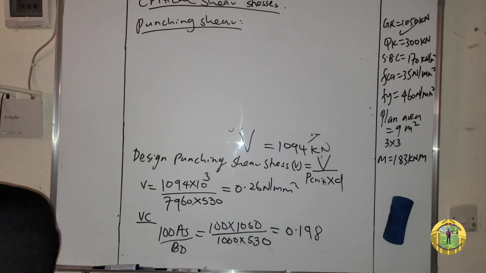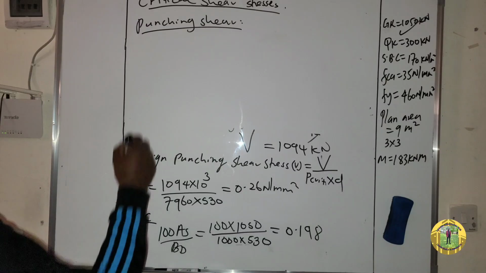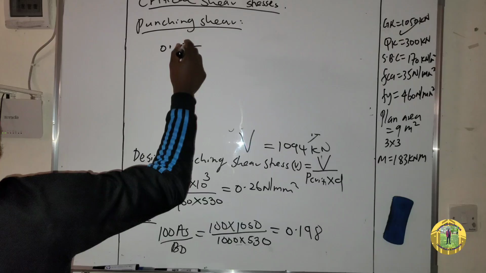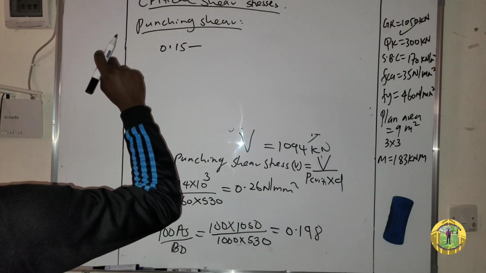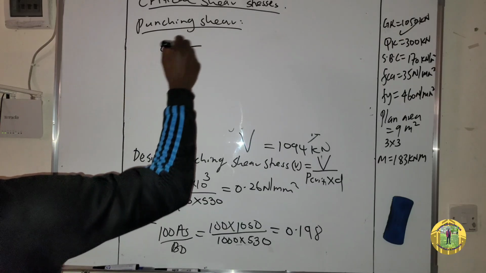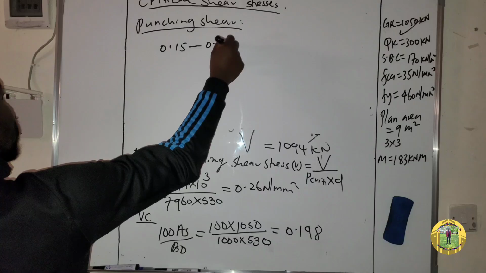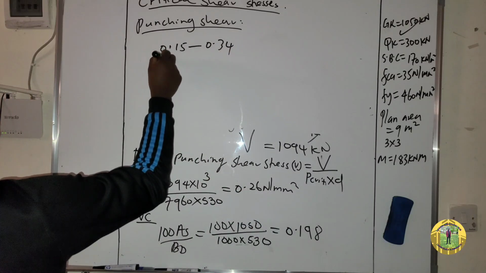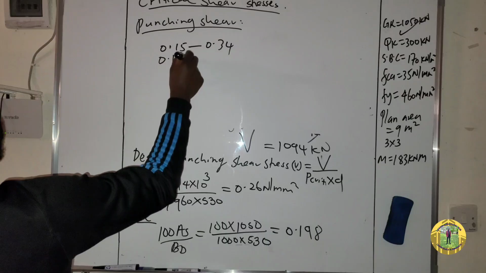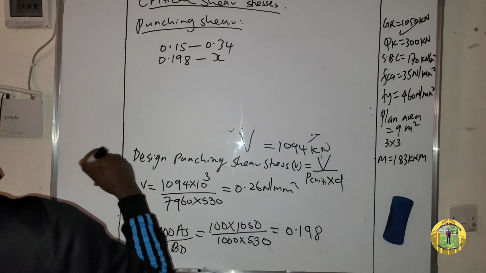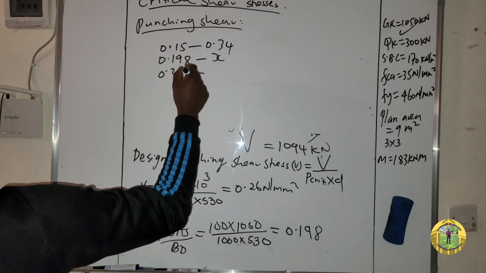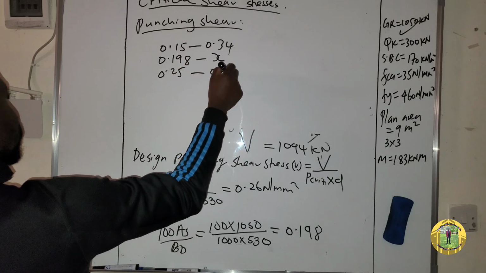So this is from the table, as you have seen. So we have 0.15. The value corresponding to 0.15 is 0.34, and then we come to the value 0.198. So here is x. And then we have 0.25, with 0.40.